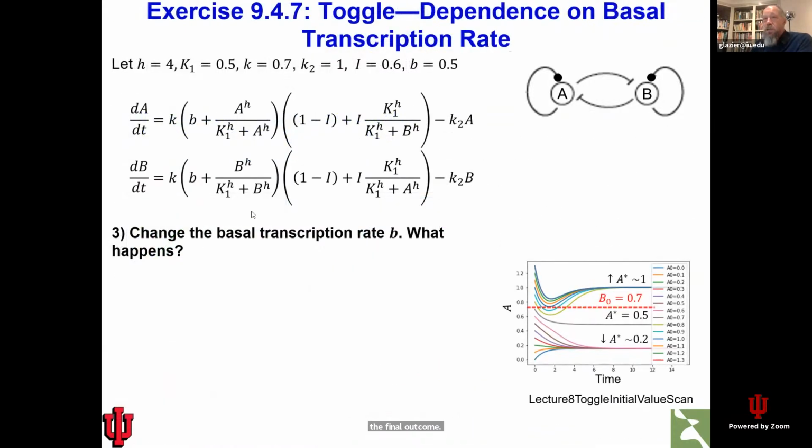All right. Now, what about changing the basal transcription rate? If I change this little lowercase b, does that change the fixed points? Should it change the fixed points? Should it change the value of A star high and A star low?